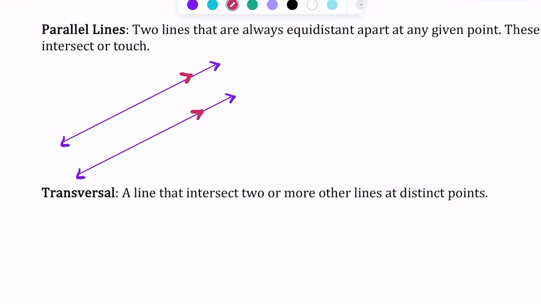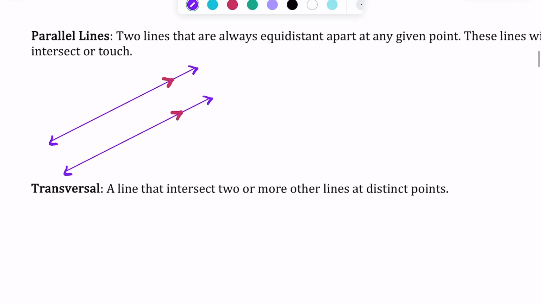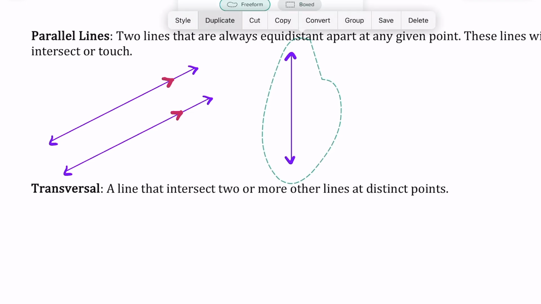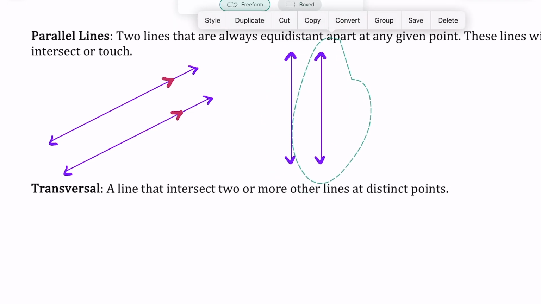So when I'm talking about this first set here, I only need to have one additional arrowhead to indicate that they're parallel, because that's all that I need. There's nothing else comparing it to. But if I drew another set of parallel lines, I want to also indicate that these are parallel.